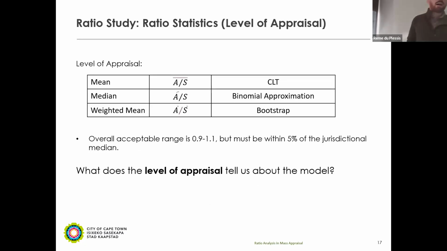How do we go about that? Well, we have our mean ratio, our median ratio, and our weighted mean ratio. We want all of them to be closest to 1. With your ratios, you can also have some outliers that skew your results. So we tend towards using the median ratio.